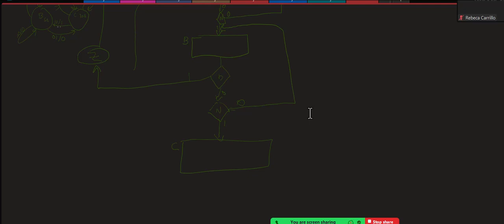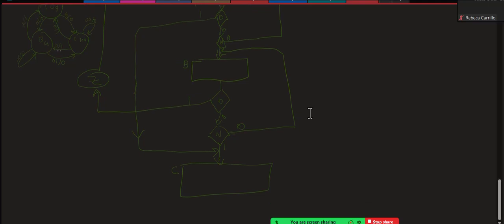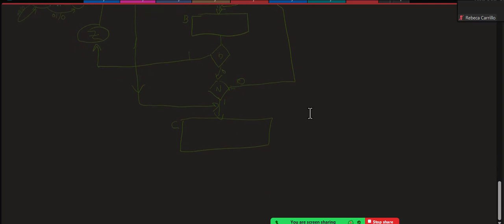What happened if I got a dime is the same as if I get 2 nickels. And now this is having 10 cents.